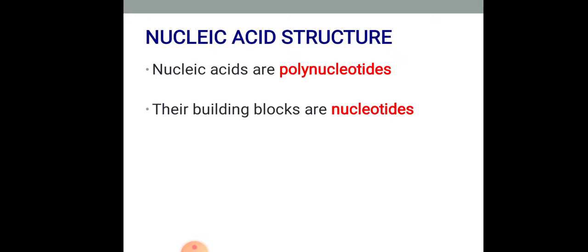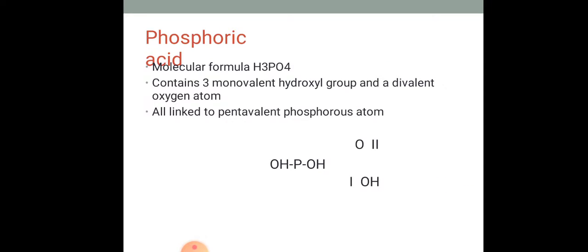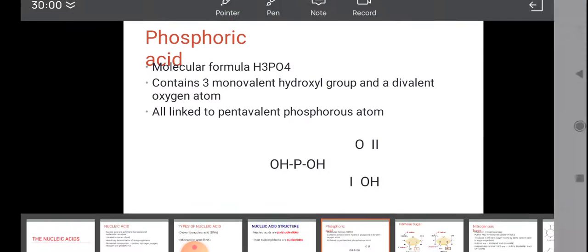As I told you earlier, the nucleic acids are polynucleotides. So, in order to get an idea about what we mean by a nucleotide, let us discuss the components. First is phosphoric acid. Phosphoric acid is H3PO4, and that contains three monovalent hydroxyl groups, that is OH groups, and a divalent oxygen atom, all linked to a pentavalent phosphorus atom.